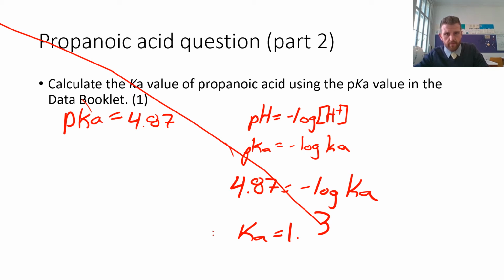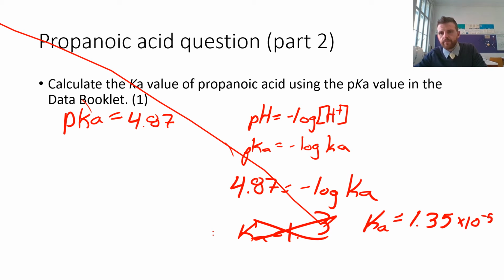Alright, so the pen is being obnoxious, so I'm going to rewrite this here. Ka is equal to 1.3, about 5, times 10 to the negative 5. Cool.